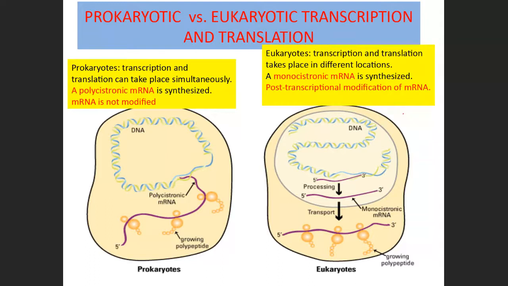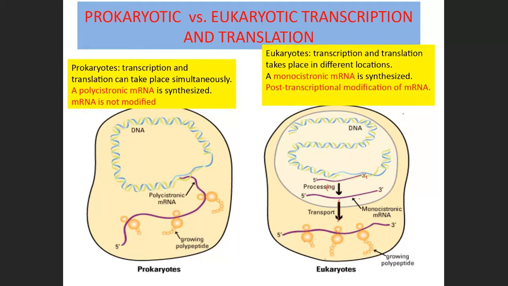Now this picture is showing you the location of translation in eukaryotes versus prokaryotes. One thing to note, this is very good because it's showing you the messenger RNA processing, transcriptional modification. Messenger RNA has to be transported into the cytoplasm where the ribosomes are going to make the polypeptides.